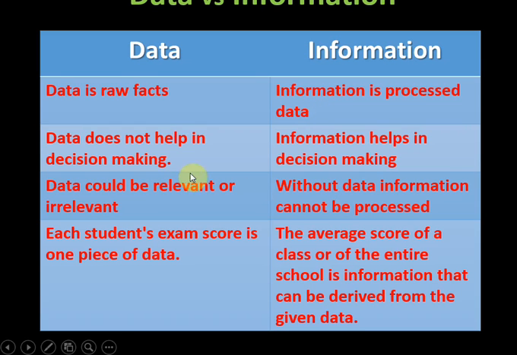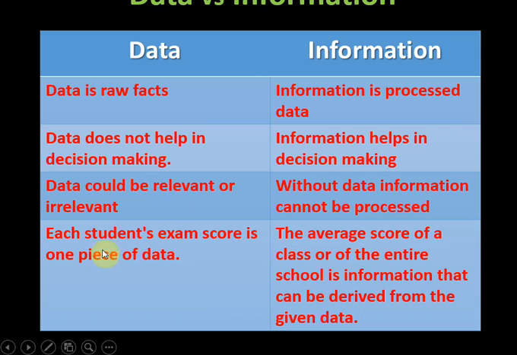Okay, next, data does not help in decision making. Data never helps you in decision making, but information helps in decision making. Through the information you can take a decision. Data could be relevant or irrelevant. Without data, information cannot be processed. So if you want information, then you require data, and without data you will not get any information.